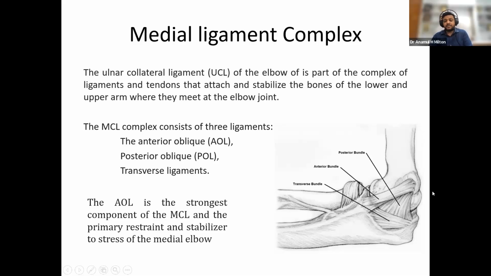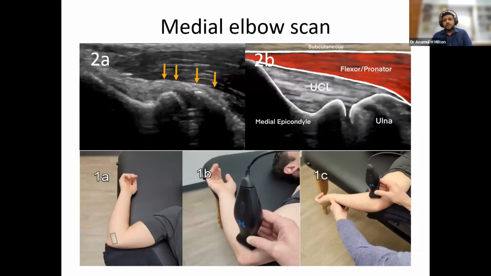Of these three, the anterior band is usually most affected, and it also maintains the stability of the elbow. Here we can see the upper part, the common flexor part, and the lower part, the ulnar collateral ligament, especially the anterior band.